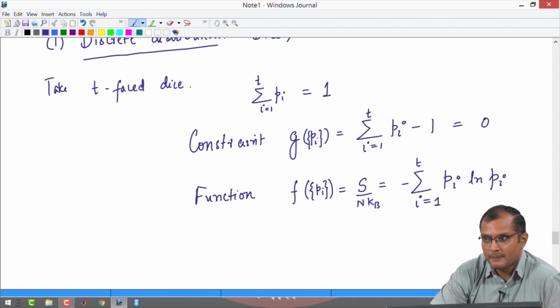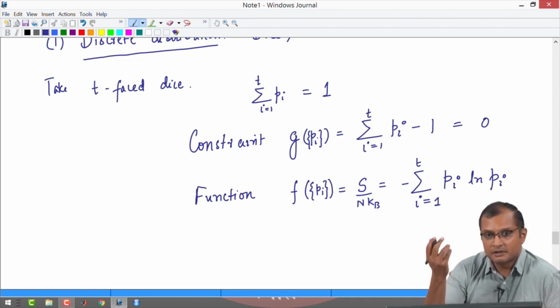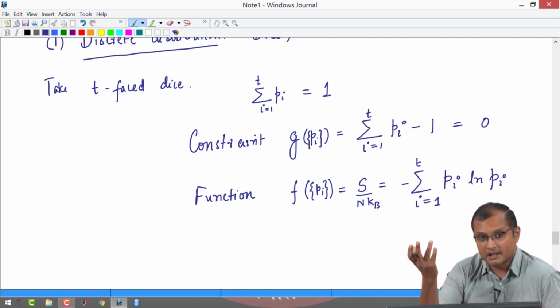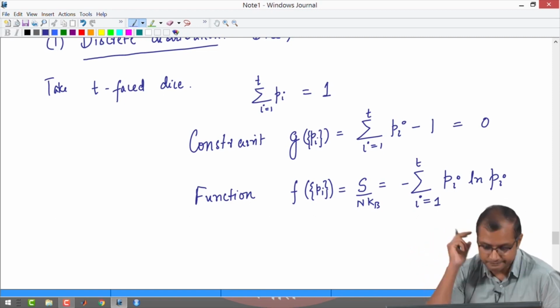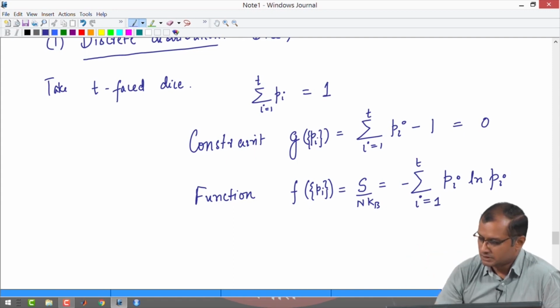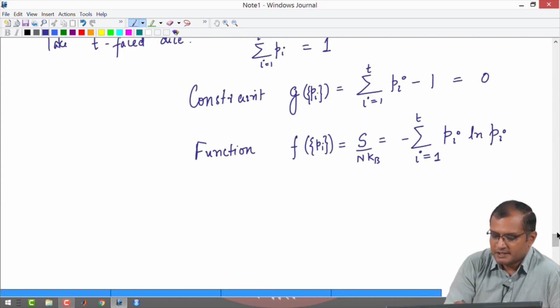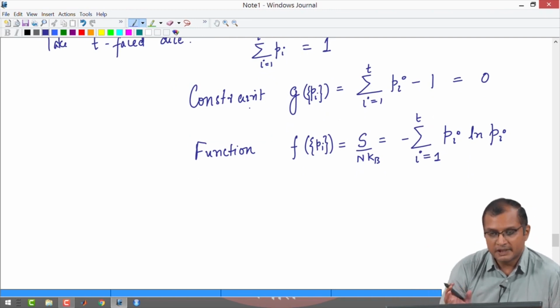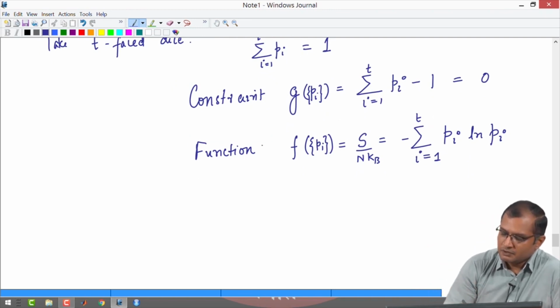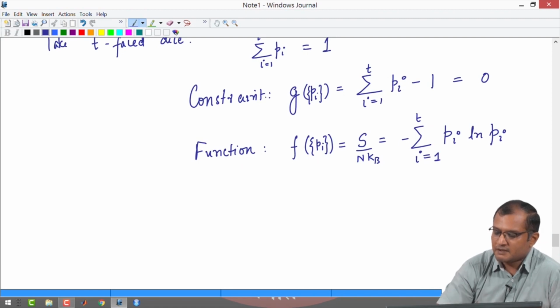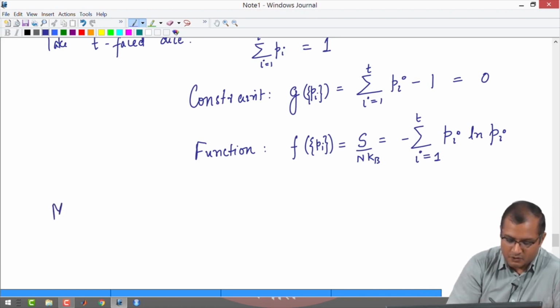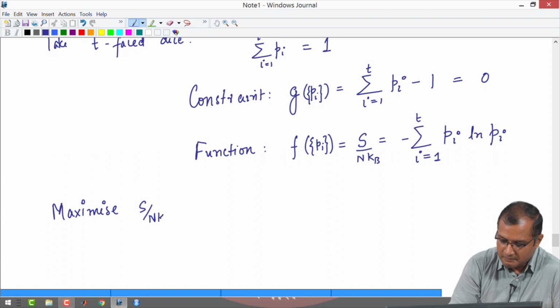Okay. This means that this is a multivariable function, both f and g. Now, this is a constraint that the probabilities are normalized and you want to maximize your entropy. So, we are going to maximize S over N K B, which is our function.